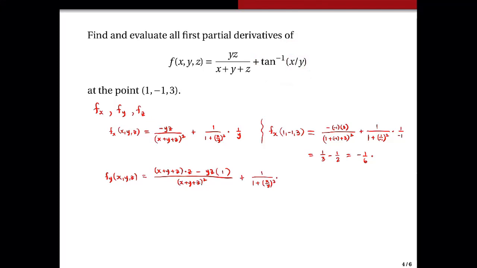So if you do that, x is treated as constant. The derivative of x over y will be negative x over y squared. Okay?